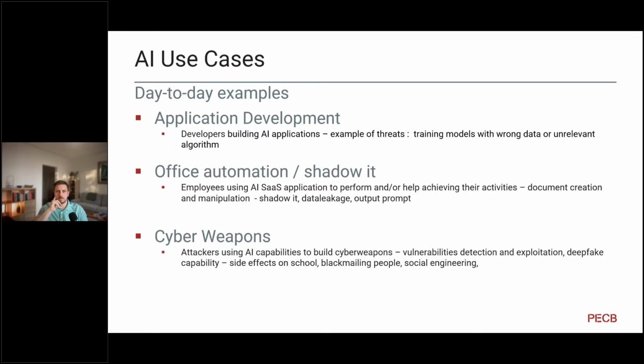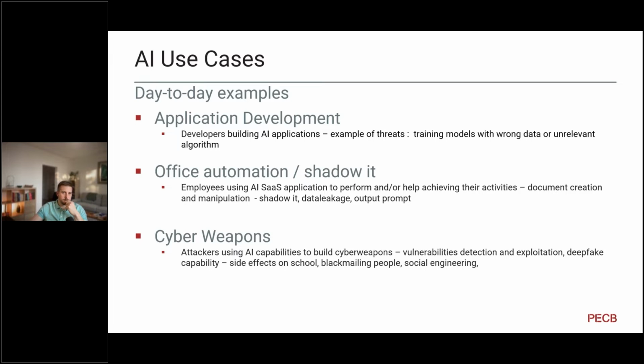our colleagues from the development department are currently using this AI capability to develop applications. In this case, we can think as security experts, of course, about threats and how we can help them to build these applications securely.